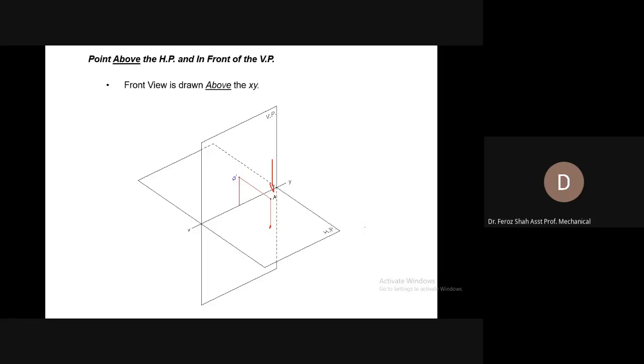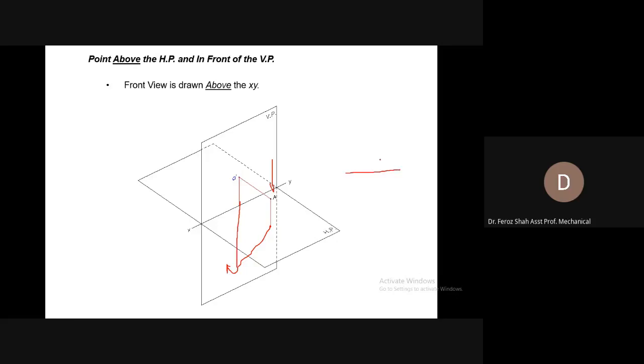So when you rotate this about 90 degree, this point would come to this position, or the horizontal plane would overlap or merge with the vertical plane, and you can see that this point would be rotated to this position in exact alignment with the front view.